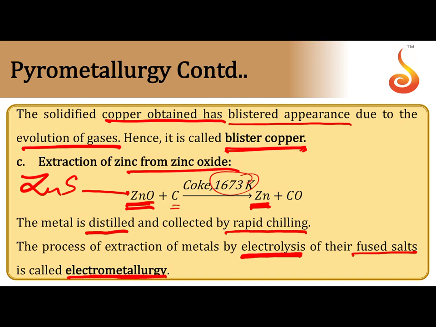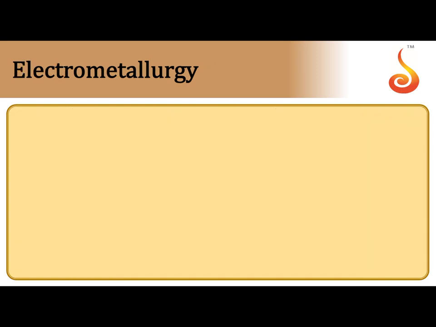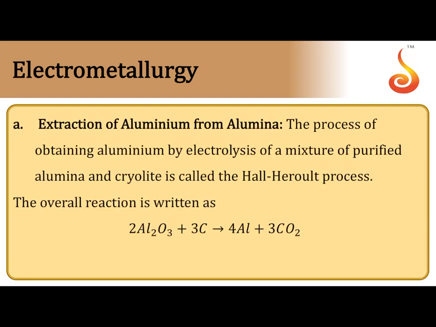So, from metal oxide we can get metal by reduction using certain reducing agents like coke, or can be extracted just by heating to high temperature, that is pyrometallurgy. Sometimes metal is extracted by the electrolysis of fused metal oxide, that is called electrometallurgy. First group metals are generally extracted from their minerals by electrometallurgy. Extraction of aluminum from alumina.